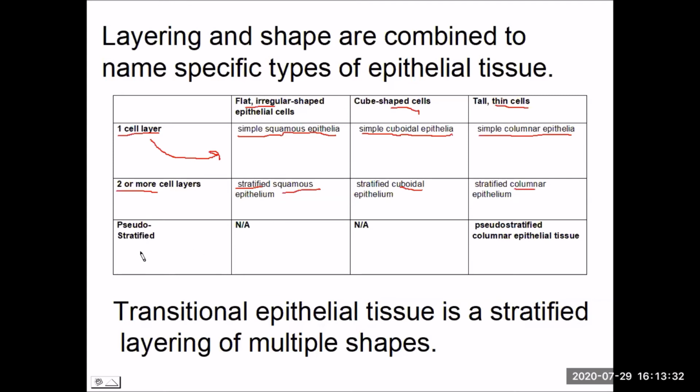And when it comes to pseudostratification, that's only ever found with the columnar shape. So pseudostratified columnar epithelium. And then of course, transitional epithelium. It truly is a stratified layer, multiple layers with variation in shape and the ability to be distorted in shape.